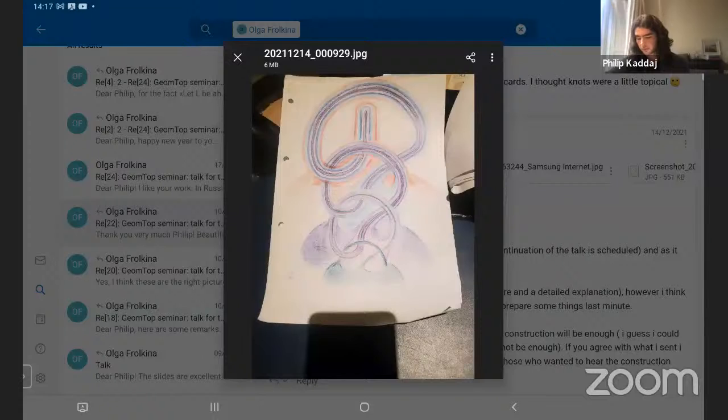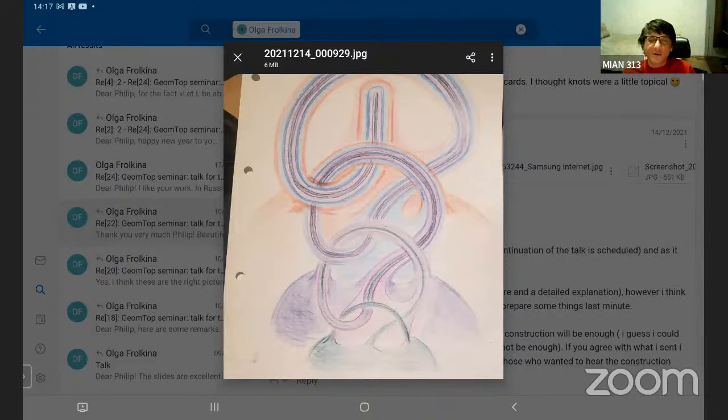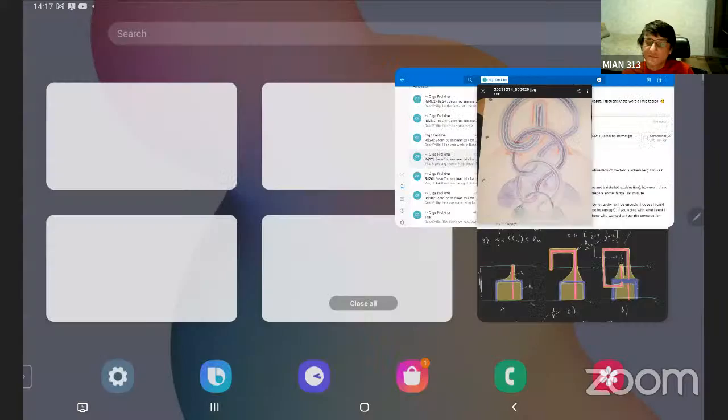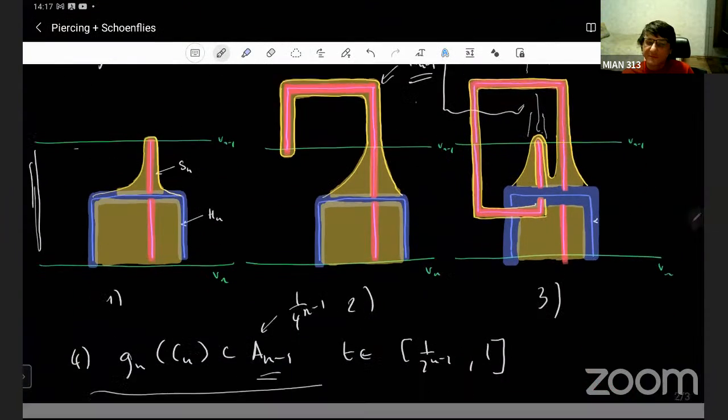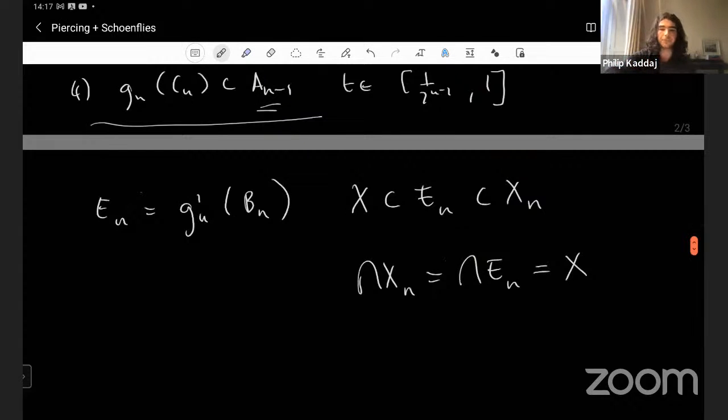So they look like this. I don't know if it's visible. Okay, it seems right. Mm-hmm. Okay, yeah.